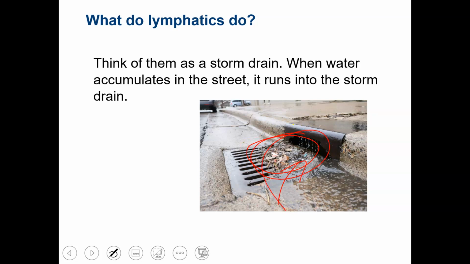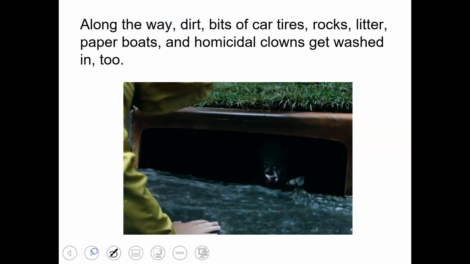As the water runs down the street, it's going to wash oil and garbage and leaves and chemicals and stuff from your yard and crazy clowns that'll rip your kid's arm off into the storm drain. And yes, it does all float down there. But the lymphatics, same principle, minus the clown.